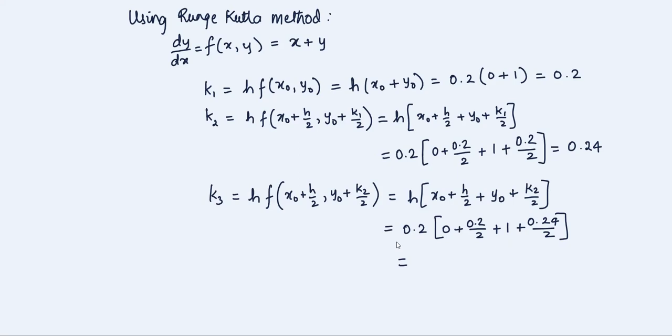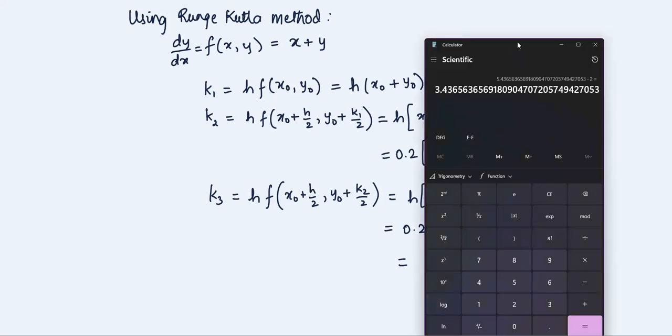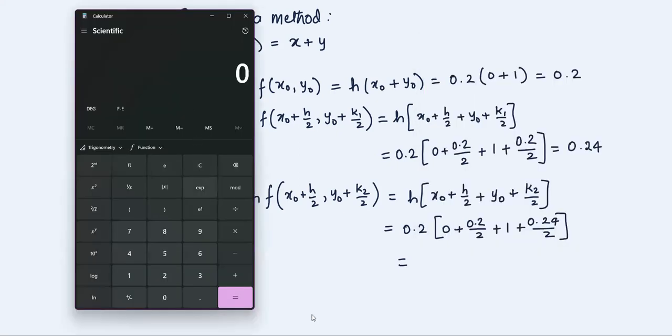I'll use the calculator here. So this is 0.1, and 0.24 by 2 is 0.12. So I get 0.1 plus 1 plus 0.12. This I get 1.22 into 0.2. So 0.244.